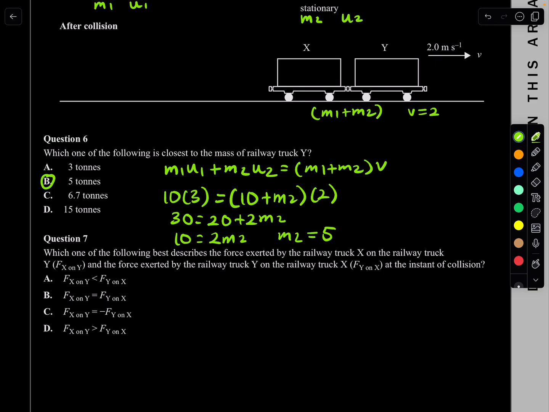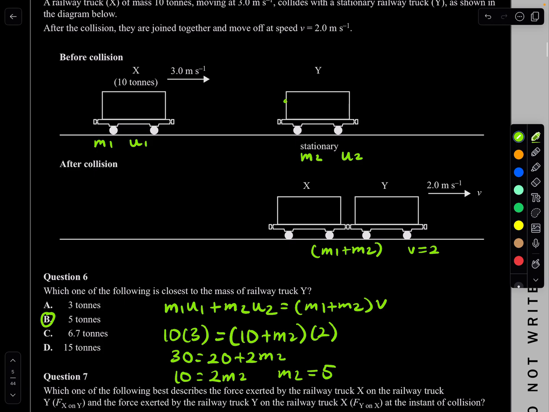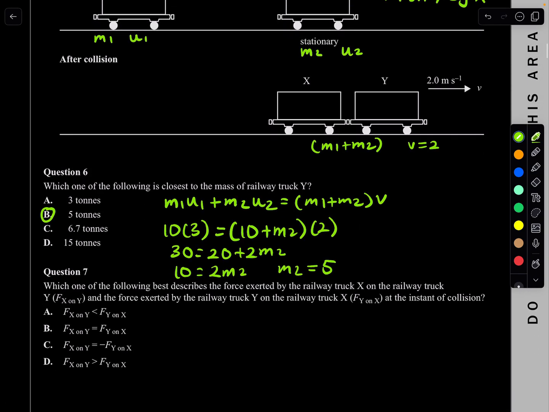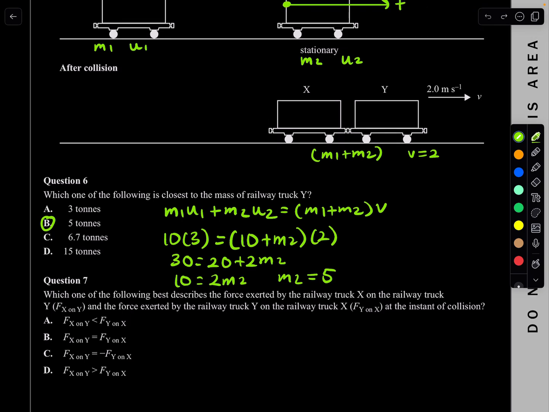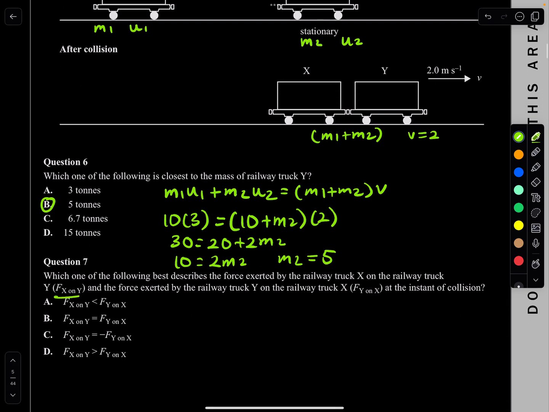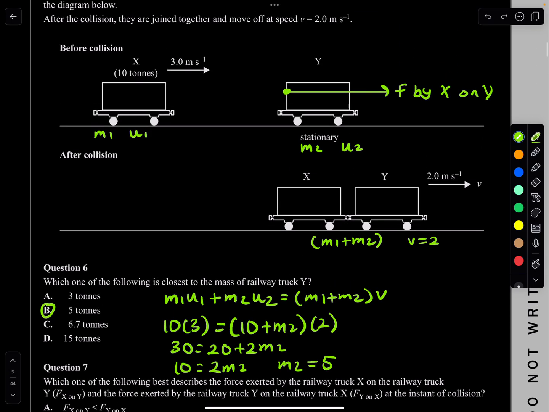This is the application of Newton's third law, because when they collide, there's going to be a force on Y by X. Force by X on Y, which is that force. And remember, by Newton's third law, there's going to be an opposite reaction force, in the opposite direction but with the same magnitude, which is F by Y on X.